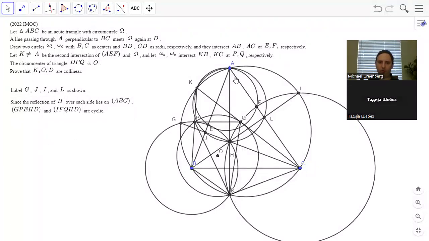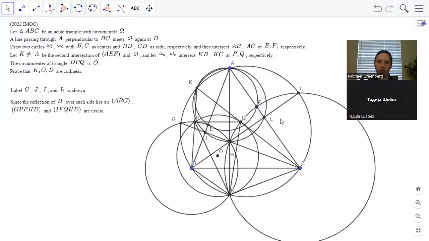And then we show that K is actually the Q point using ratios. So let K prime be the Q point. Then basically we show, like, did we try to show KE over KF is KJ over KL?